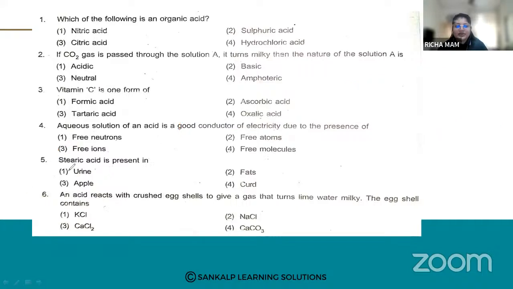Next one. Stearic acid is present in: first one uric, second one fats, third one apple, and fourth one curd. So stearic acid, where is it present?